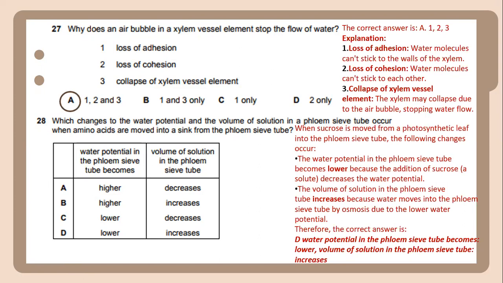The volume of solution in the phloem sieve tube increases because water moves into the phloem sieve tube by osmosis due to the lower water potential. Therefore, the correct answer is water potential in the phloem sieve tube becomes lower and volume of solution in the phloem sieve tube increases. This question has already come up in a past exam paper in May 2022.